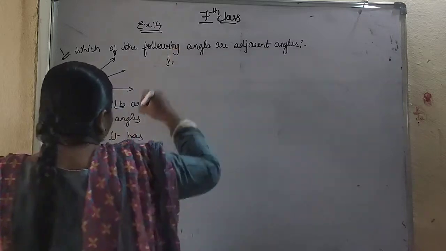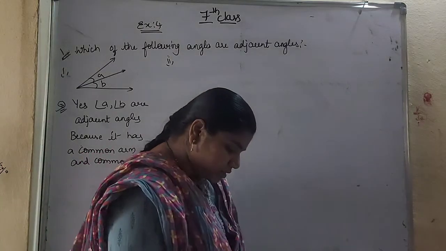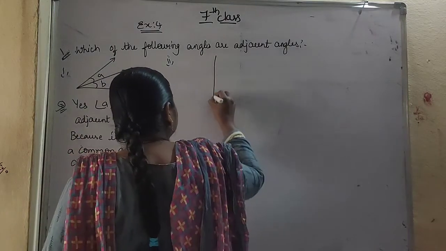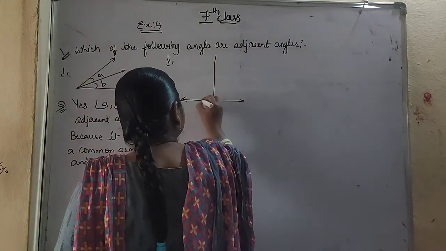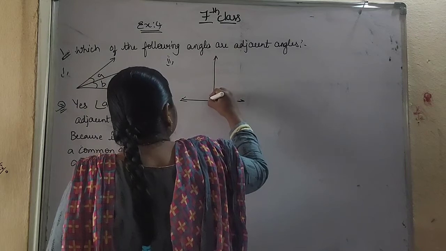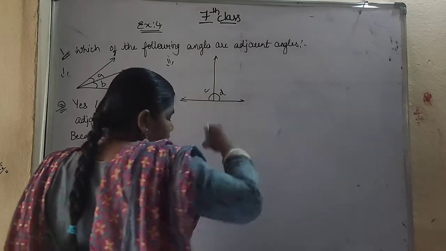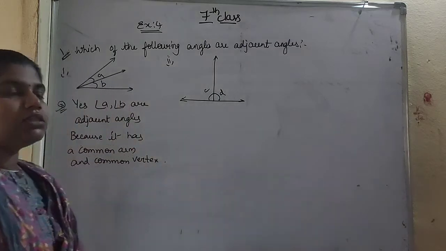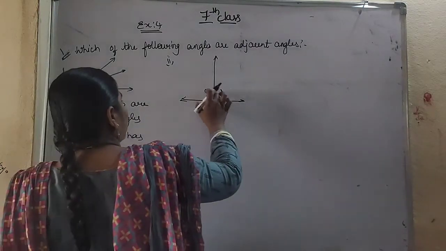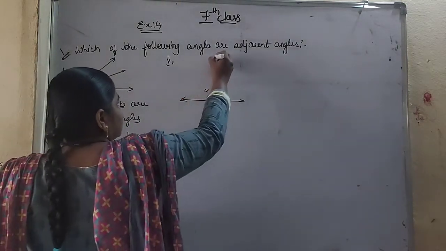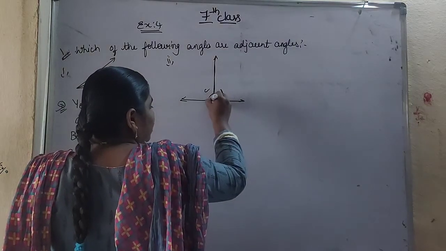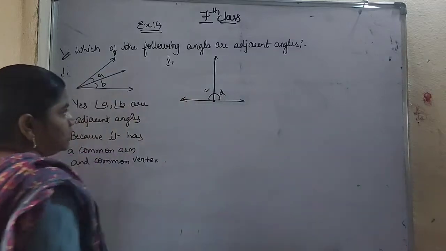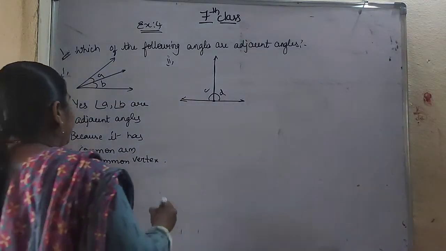Now the second figure. This is C, this is D. Are they adjacent to each other? Yes, these two are adjacent to each other because this is a common arm for these two rays and this is a common vertex for all the rays.